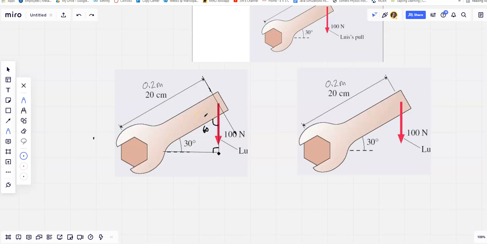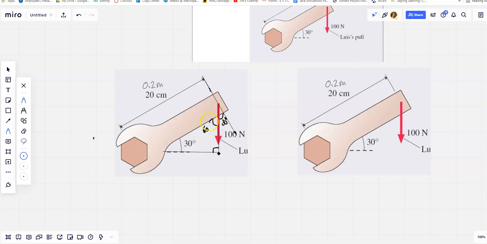Actually, think about it. This whole thing right to here is 90 degrees, okay? If that's 60 degrees, and this angle to here is 90 degrees, then this is 30 degrees, right?